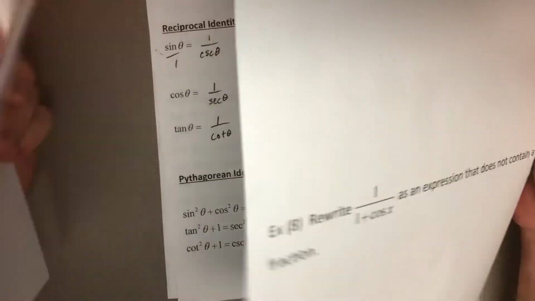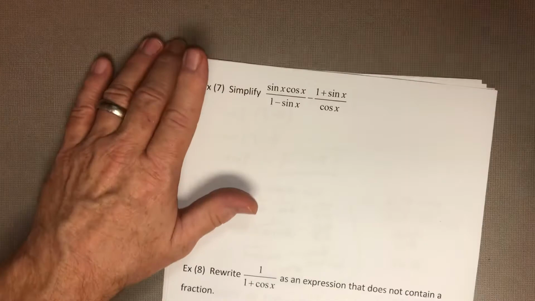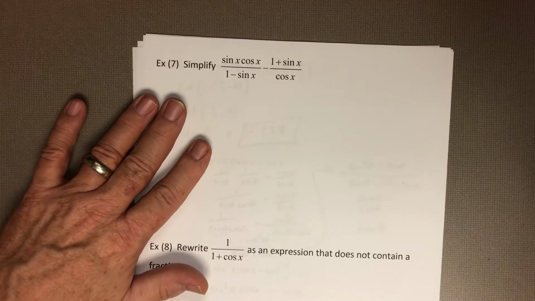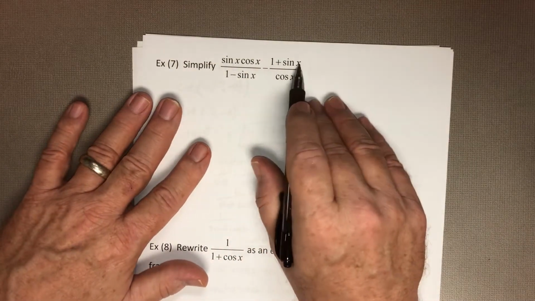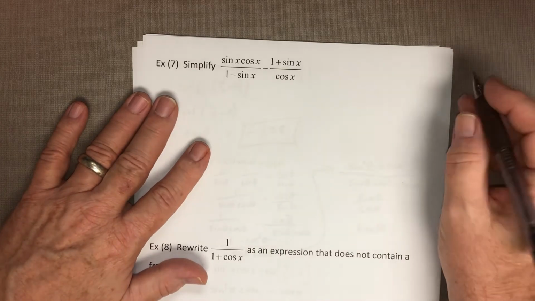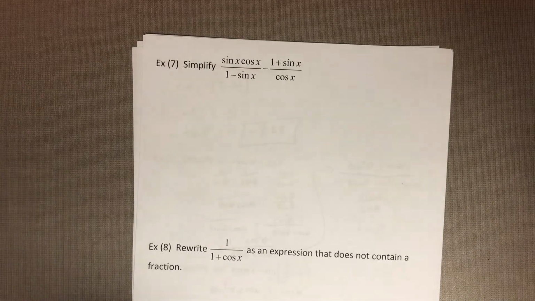Let's go to number 7. Number 7 gives you the expression the sine of x times the cosine of x divided by 1 minus the sine of x, minus 1 plus the sine of x divided by the cosine of x. I want to combine those two fractions into one, and that means I need a common denominator.